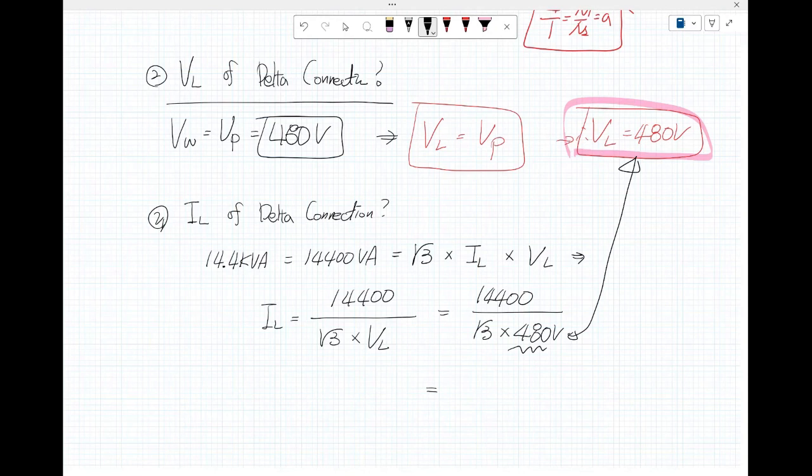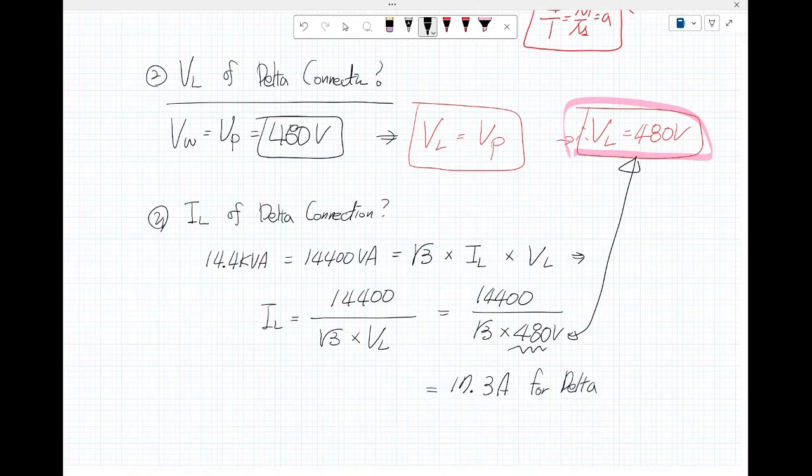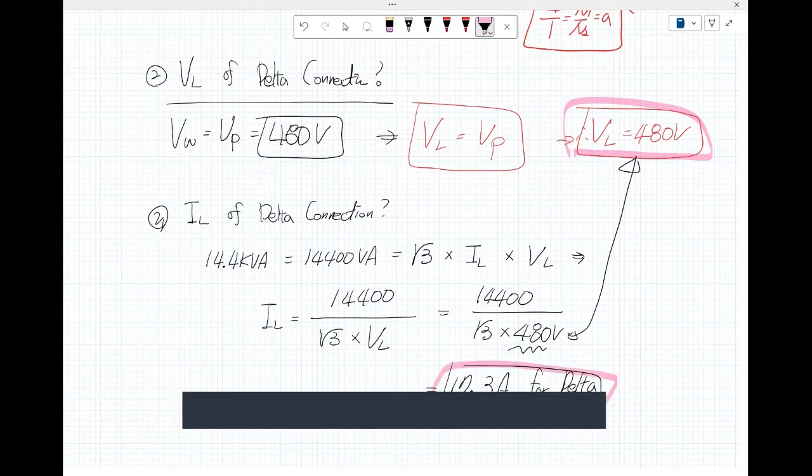Finally, after calculations, that was 17.3 amp for delta. That was the answer.